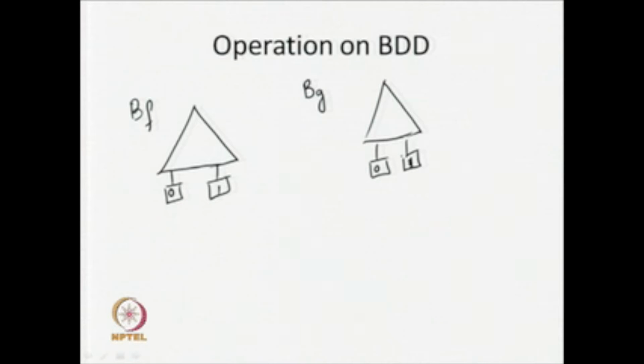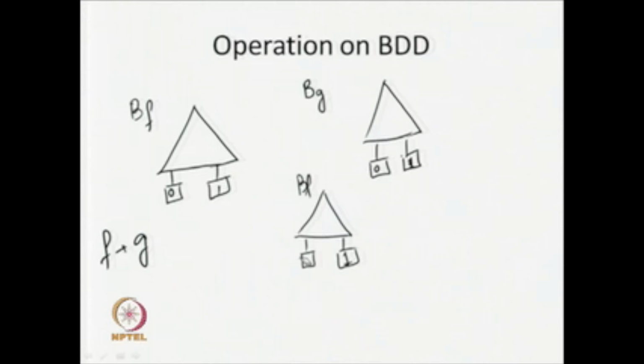Now, when I am going to perform f plus g, what will happen? We can perform this operation on BDD. This is your bf. If the value of the function f is 1, then f plus g will be 1. But if the value of f is 0, then we have to look at the valuation of function g.